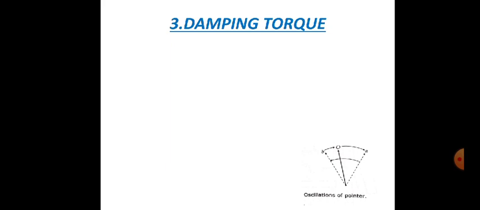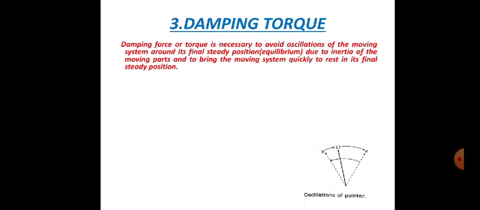Now, what is the third torque which is available in our indicating instrument? That is the damping torque. What is damping? Now, when the pointer is a moving system, the moving system oscillates to and fro the equilibrium position.